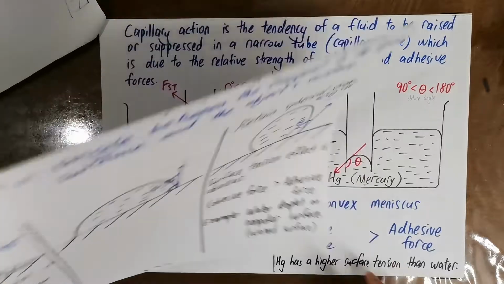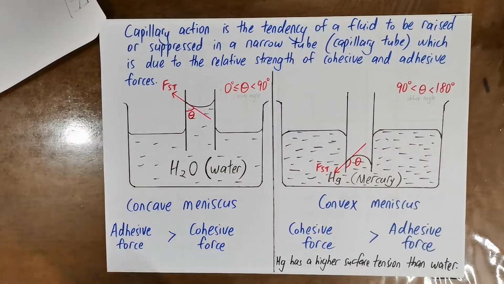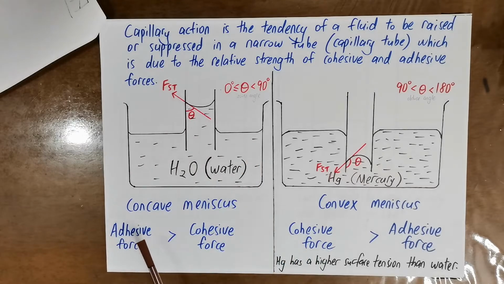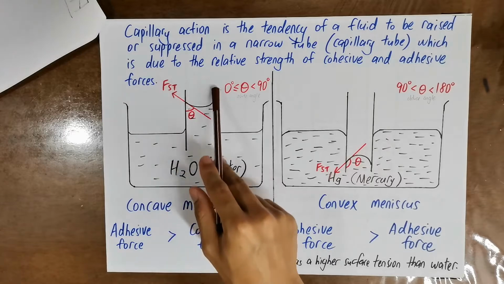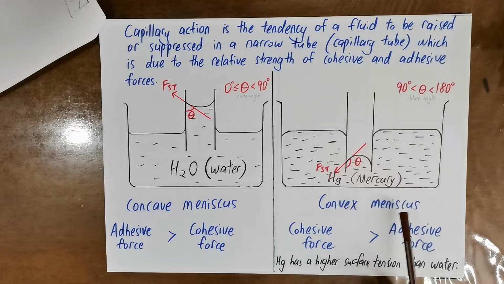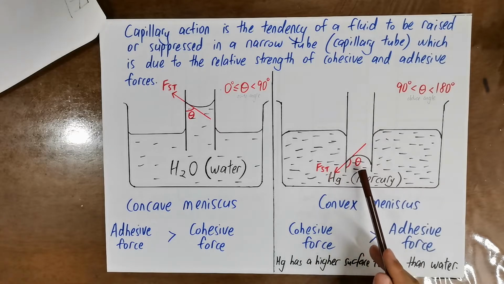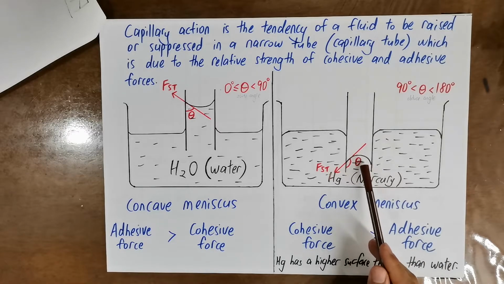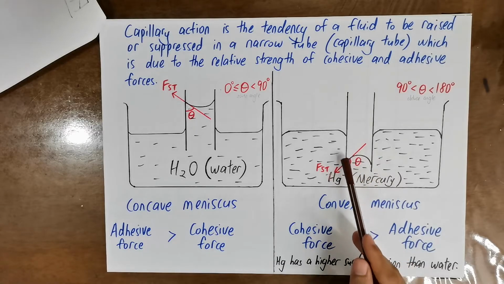So for the water case, the adhesive forces between the water molecules and the glass molecules are greater than the cohesive forces between the water molecules. For the mercury case, the cohesive forces between Hg molecules are greater than the adhesive forces between the Hg molecules and the glass molecules.